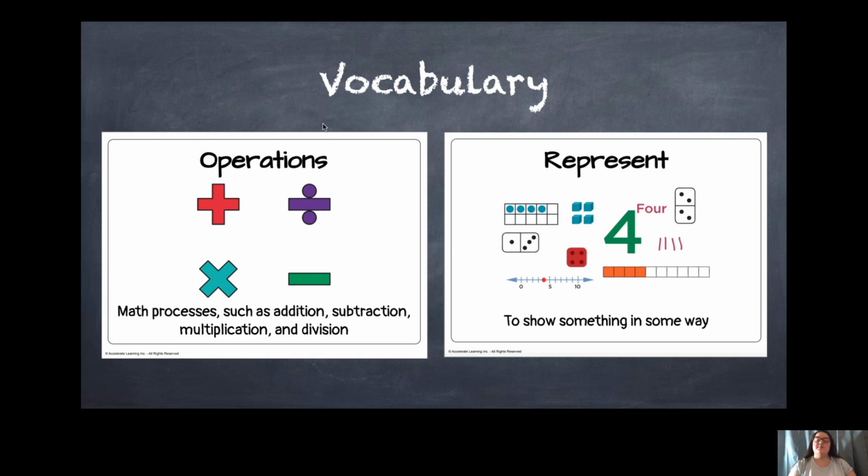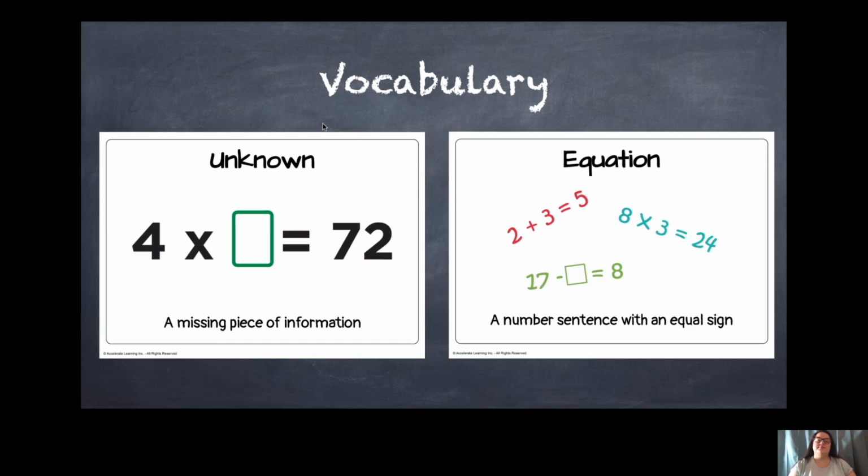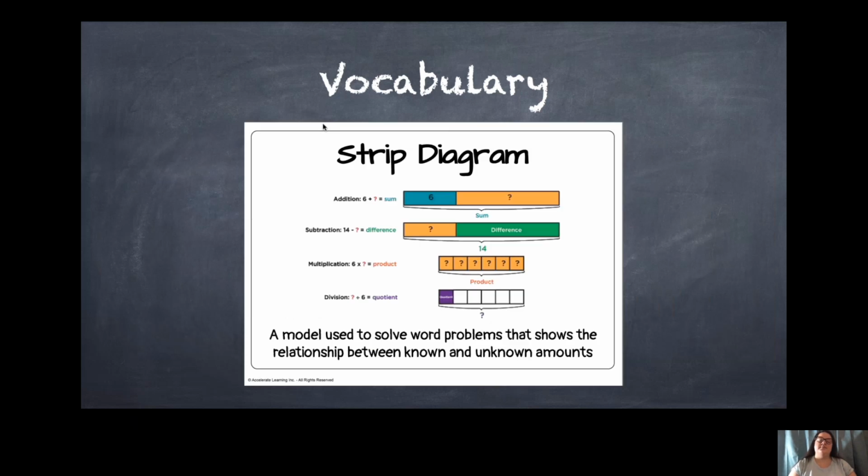Represent, to show something in some way. Unknown, a missing piece of information. Equation, a number sentence with an equal sign. And then finally, our strip diagram is a model used to solve word problems that shows the relationship between known and unknown amounts.